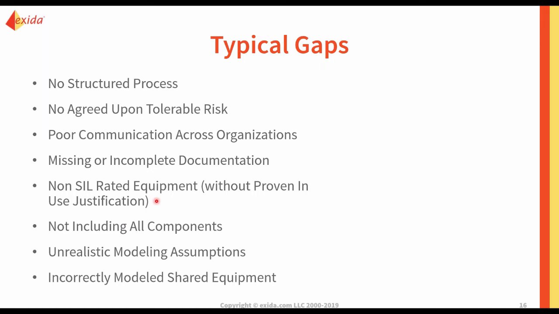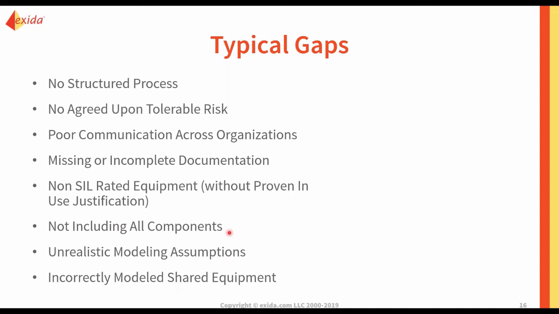But if the equipment is not designed following specific quality management procedures, or there's not sufficient operating experience for proven in use, there are other types of failures, potential deficiencies in the design or some sort of systematic failure that could defeat the safety system. And so not having justified equipment within the SIS is a gap that's often seen.